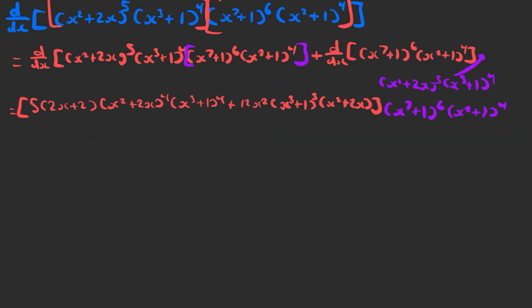Now, we have to differentiate this function over here, which is equal to the derivative of (x to the power of 7 plus 1) to the power of 6 times (x squared plus 1) to the power of 4.